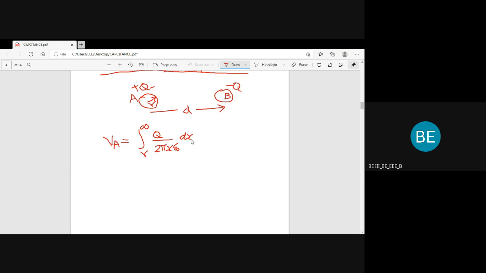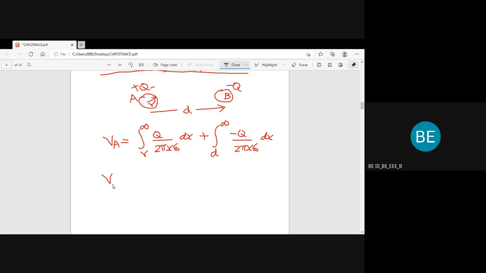This is the first one. The second one will be integral of distance d to infinity, and the charge is minus q, so minus q divided by 2 pi x sigma naught dx. So this is for conductor A.